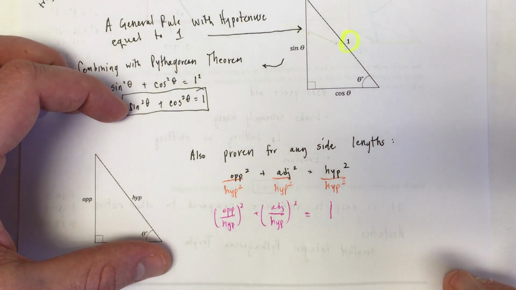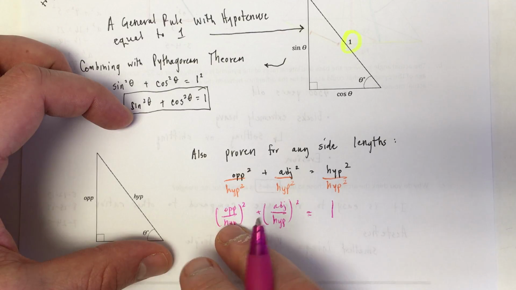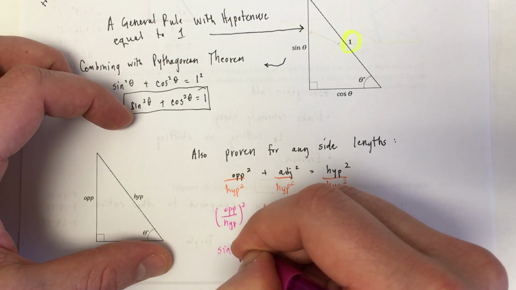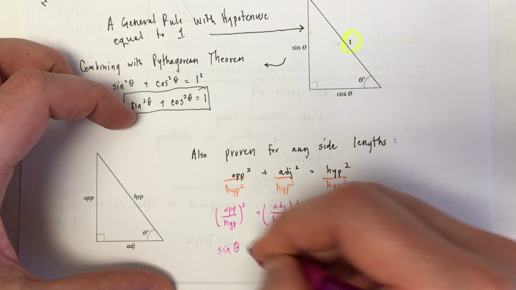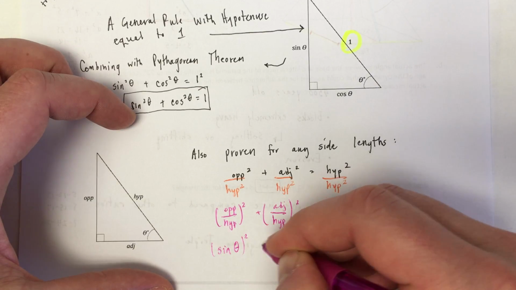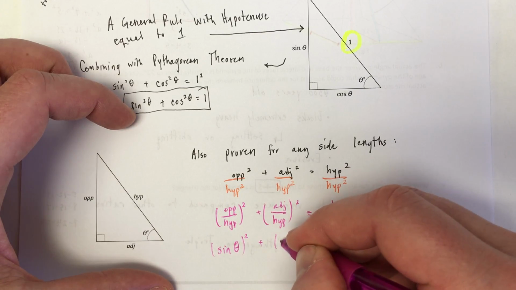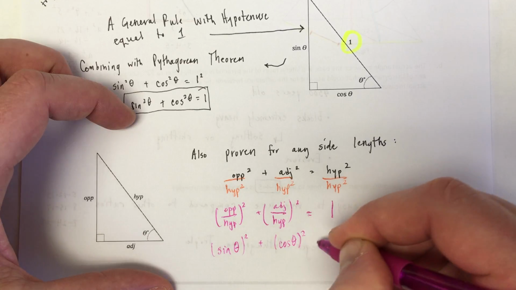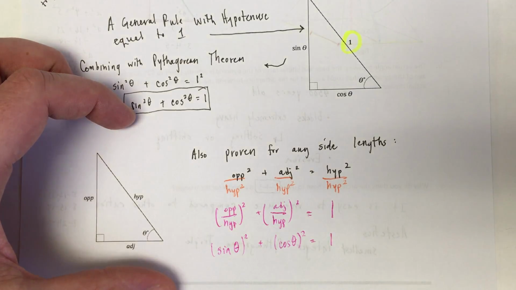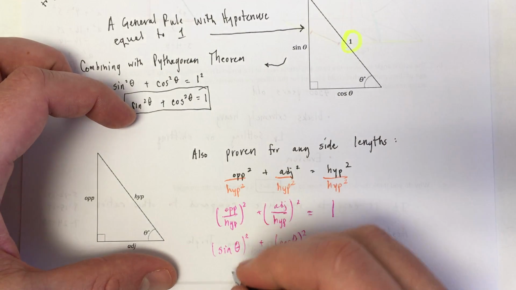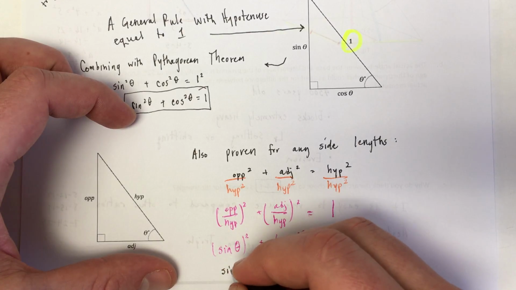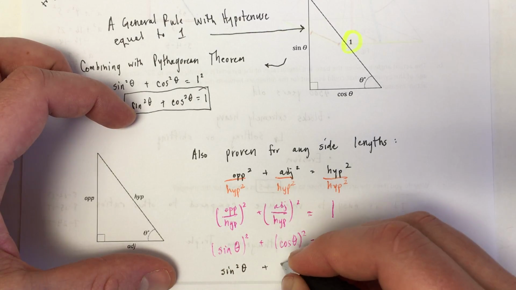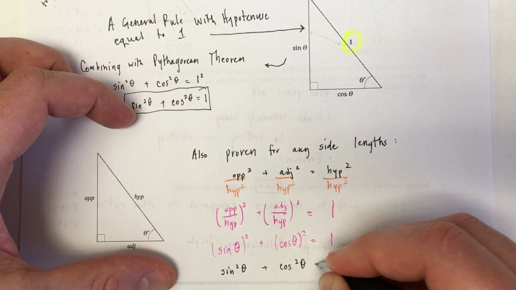And this is just a 1. But opposite over hypotenuse is just sine of theta squared plus adjacent over hypotenuse is cosine of theta squared, which equals 1. In the final way, this is kind of just a notational thing, but we can write sine squared theta plus cosine squared theta equals 1.